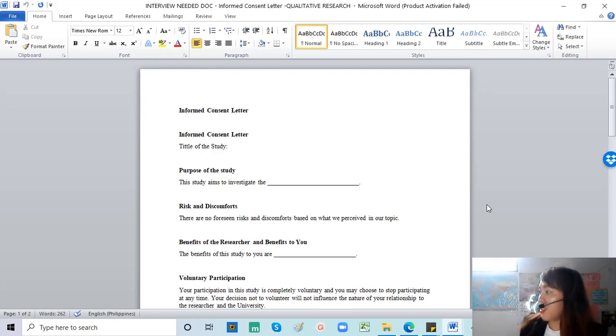Thank you kaayo, miss, or ma'am, or sir, for taking the time to participate sa among research. Before mag-interview, ako lang i-explain ang among informed consent letter, ha? Sige, sure. Consent na ka.